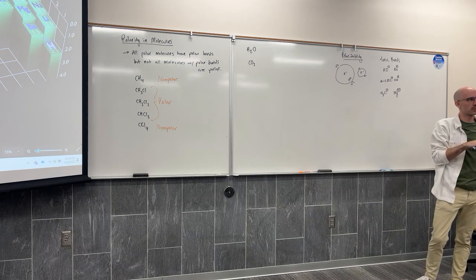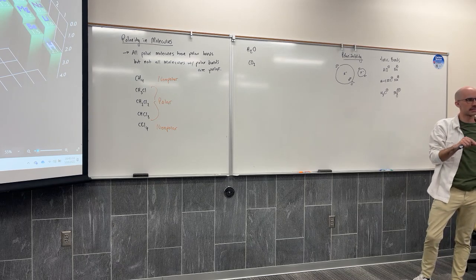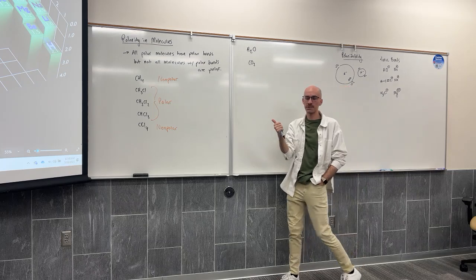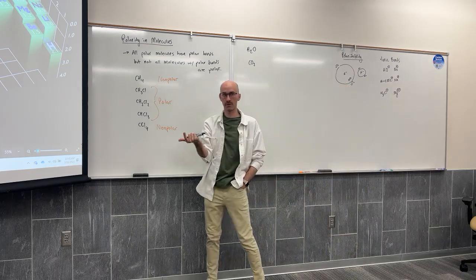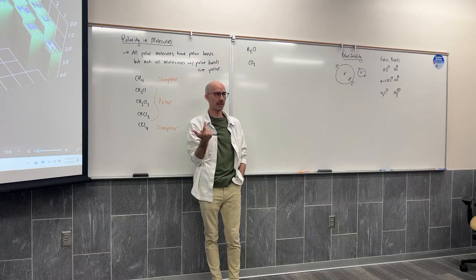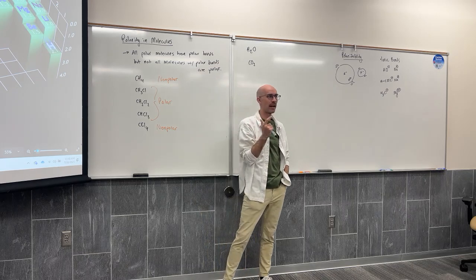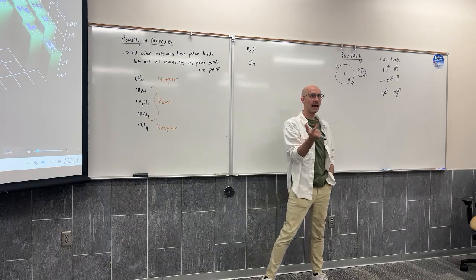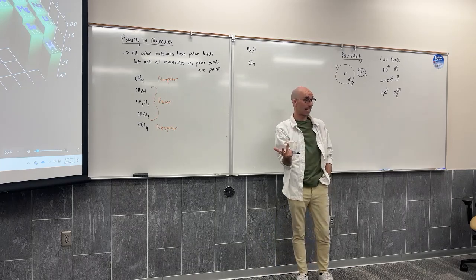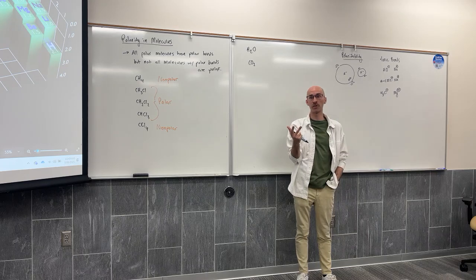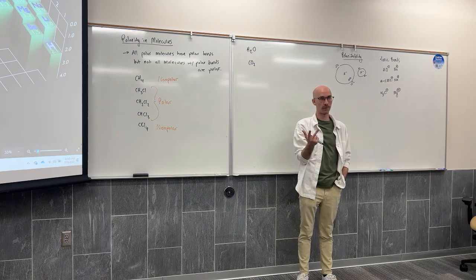In general chemistry, one of the tips that I give my students is if an atom's electron geometry agrees with its molecular geometry, which is a fancy way of saying if an atom has no lone pairs, and all of its bonds are the same, then that atom or that molecule is probably non-polar.